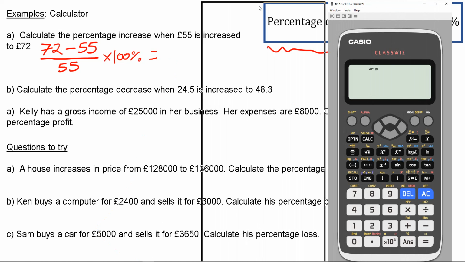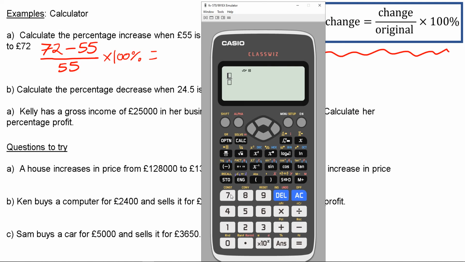So on a modern calculator, you could just use the fraction button, do 72 take away 55 over 55, go to the right and type 100, and that gives you 340 over 11, which is 30.91, and remember this is now a percentage because we're timesing by 100%.